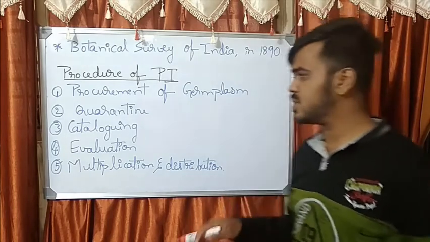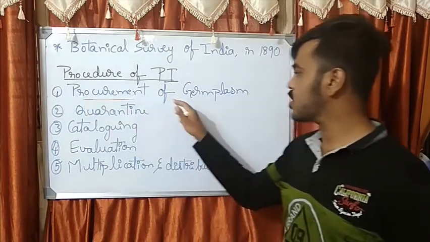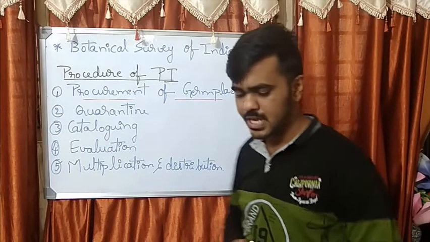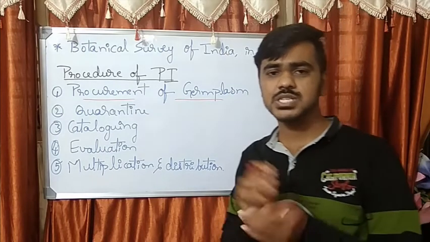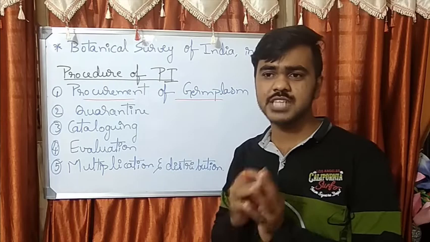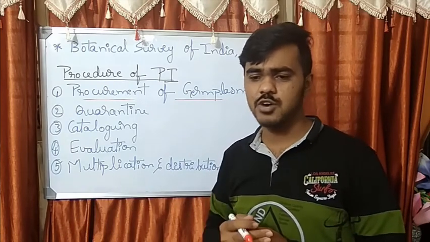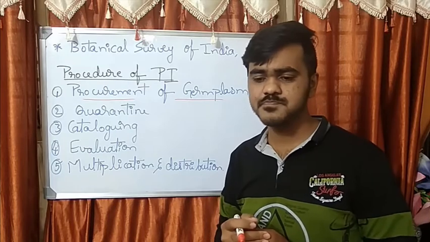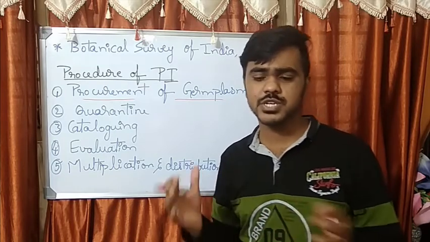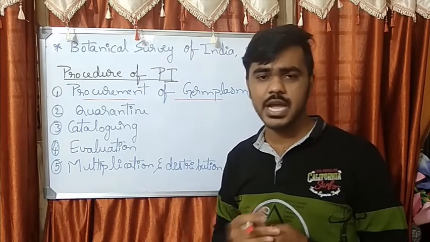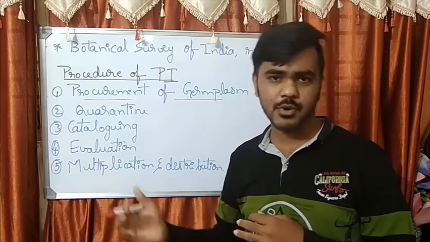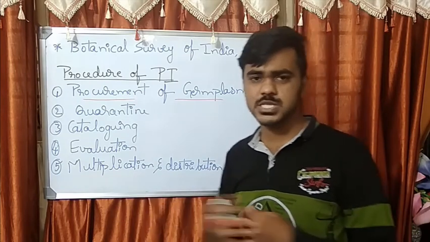That is initially the procurement of germplasm. In this, when a scientist requires a genotype which is grown outside as a source, he just puts a quote for the need of that germplasm. Then NBPGR looks into its sources, and if they have it, they will provide it.